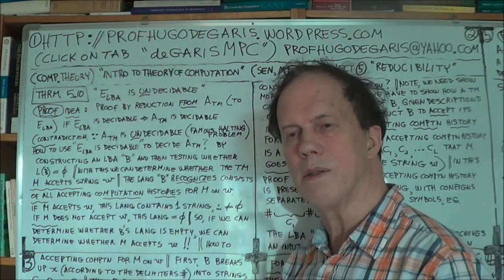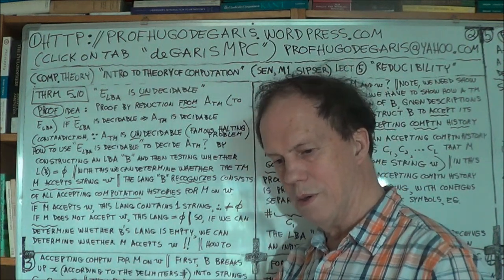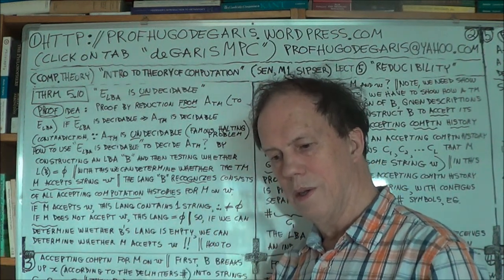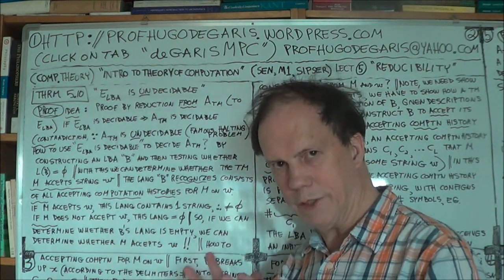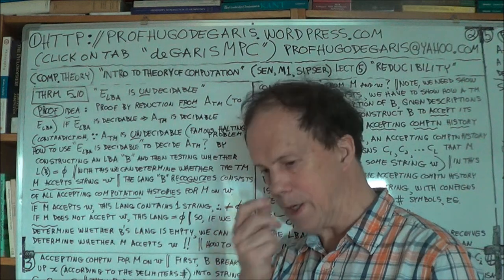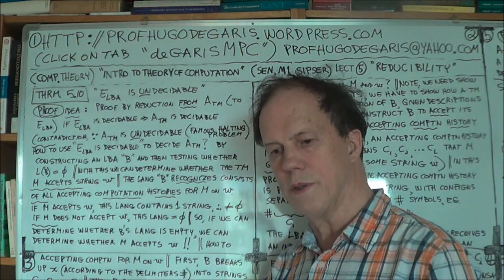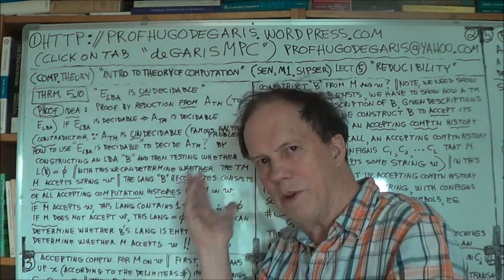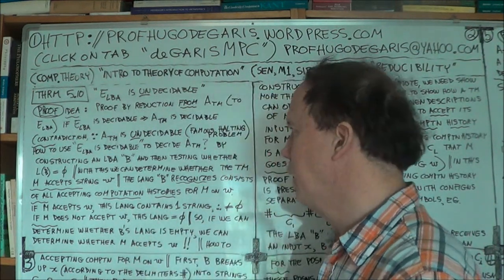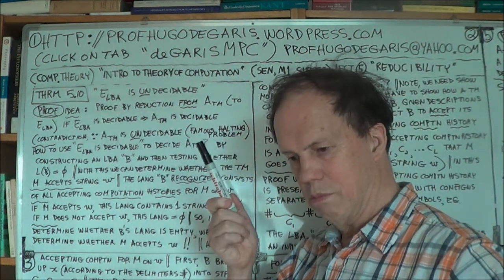By definition. So if M accepts W, there is one accepting computation history, by definition. The final configuration includes a state that is an accept state. We did that on the previous board, the very definition of an accepting computation history.